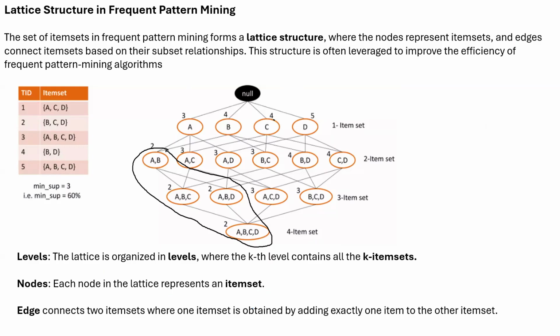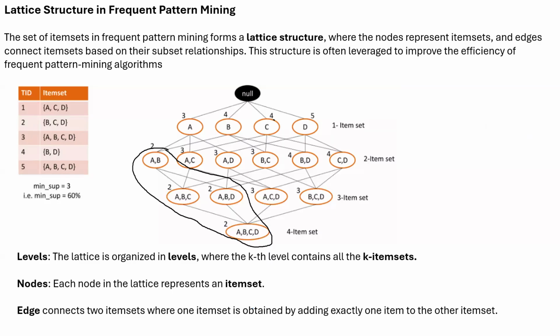Okay, and now you know what nodes are. Nodes represent item sets. Edges connect two item sets where one item set is obtained by adding exactly one item to the other item set. So how are we forming AB? To the item set A, we are adding exactly one other item, so you're getting AB.